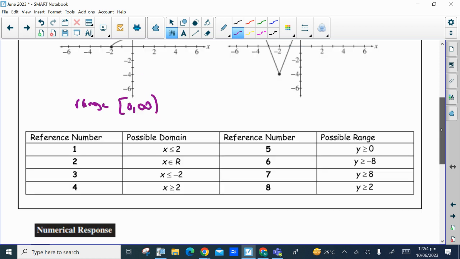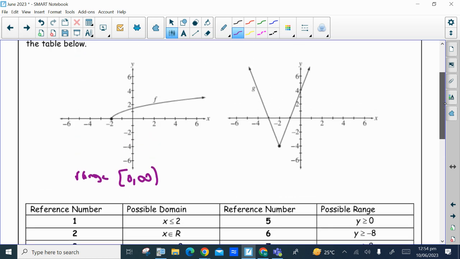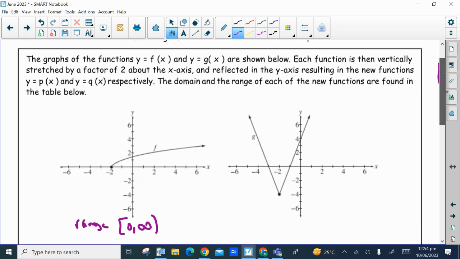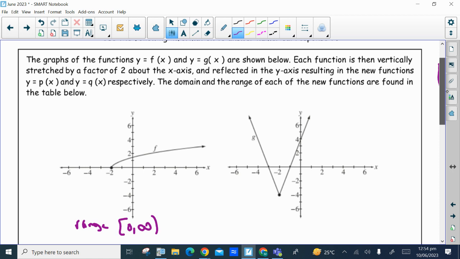If, though, this graph is reflected in the y-axis, I needed to read it again, and reflected in the y-axis, sorry.